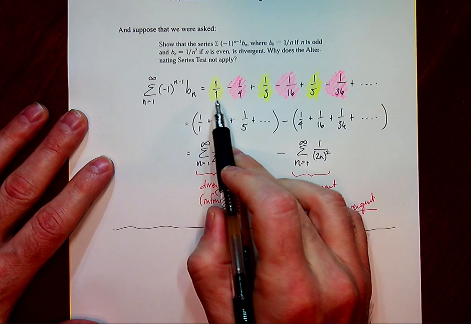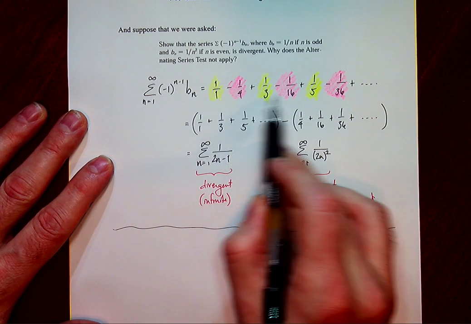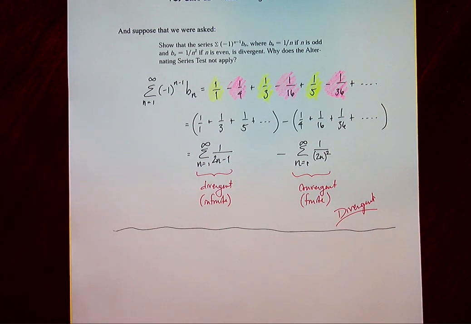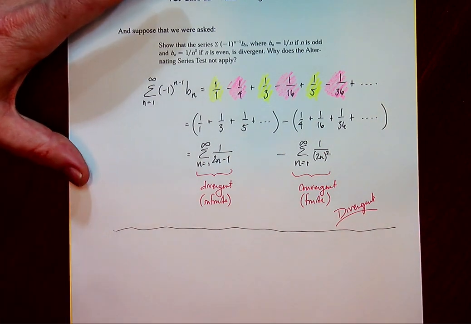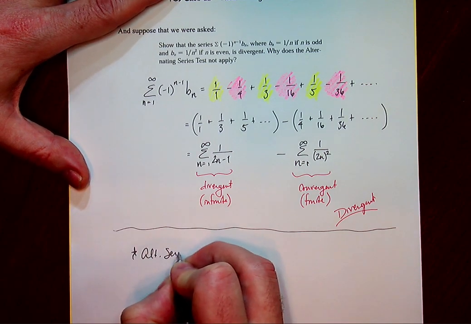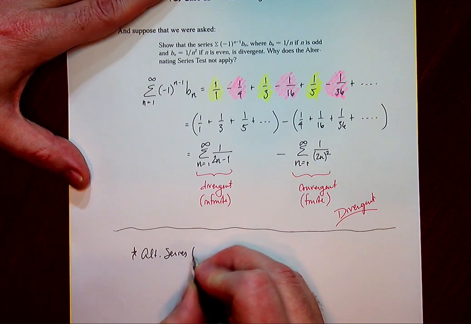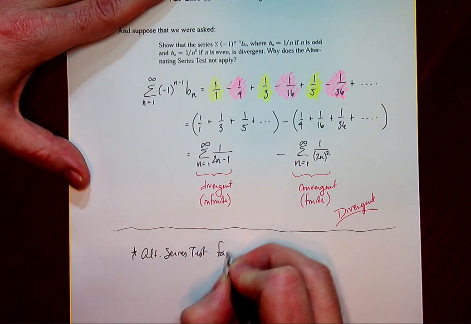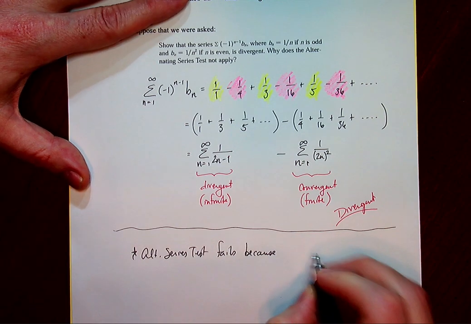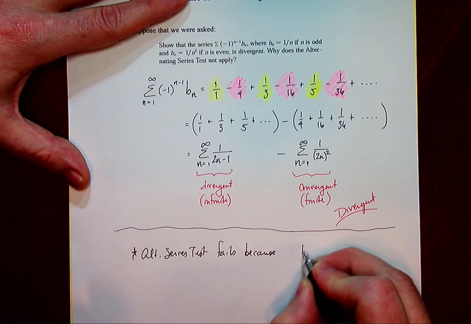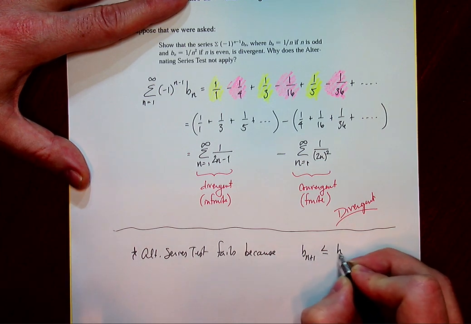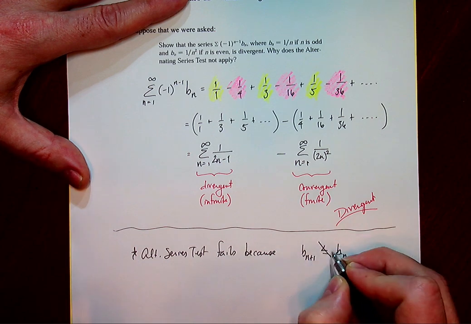From 1 to 4, it goes larger, smaller, larger, smaller, larger, smaller, and on and on, and that's the way it'll go for the whole thing. So the alternating series test fails, because b sub n plus 1 needs to be less than or equal to b sub n, and that is not the case.